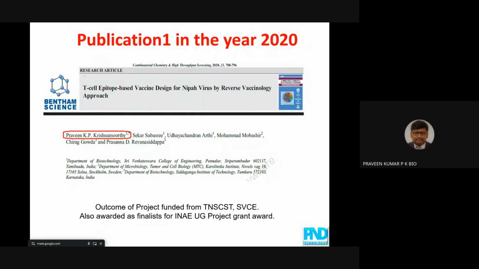I worked with two types of epitope-based vaccine design, B cell as well as T cell. But the B cell epitope-based vaccine design was already published. For the Nipah virus, the best vaccine design is the B cell, but for a few viruses, the best to work with is the T cell epitope. That depends on the types of viruses.